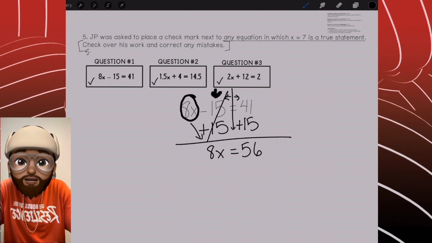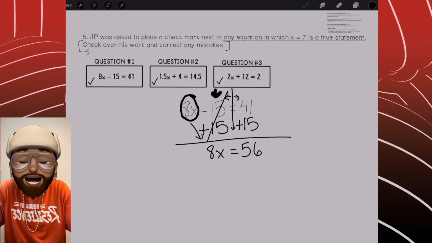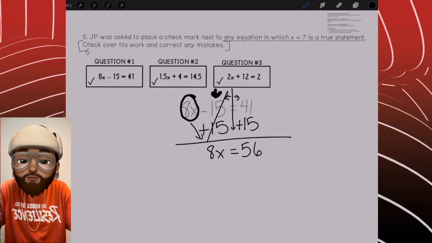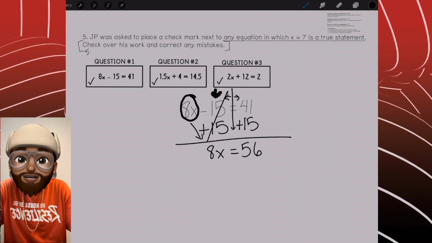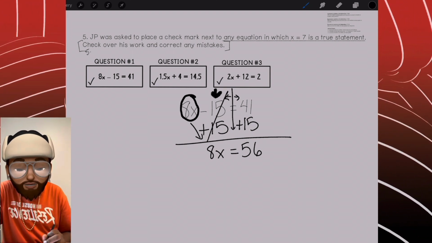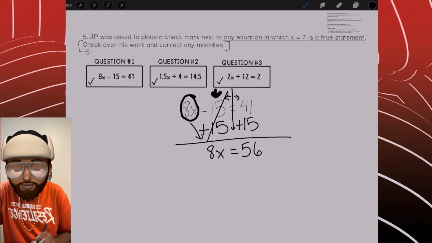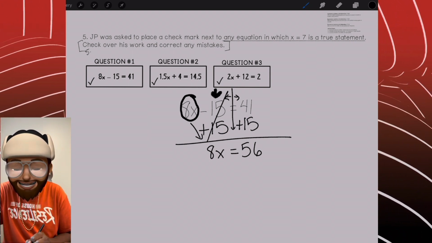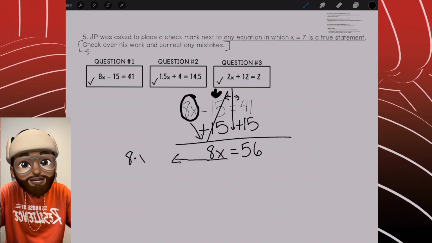So now we're still trying to isolate 1x to see how much 1x is. So let's continue by trying to take the 8 away from the x. What we see here is 8x, and this is actually 8 multiplying times x, so x 8 times.